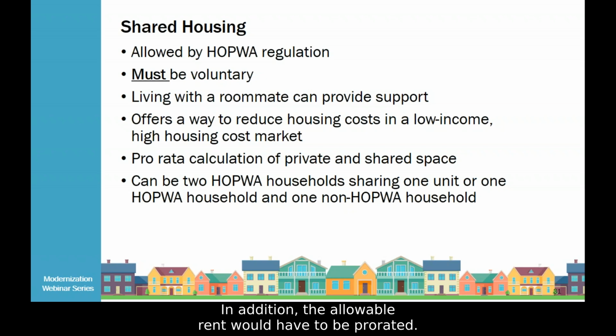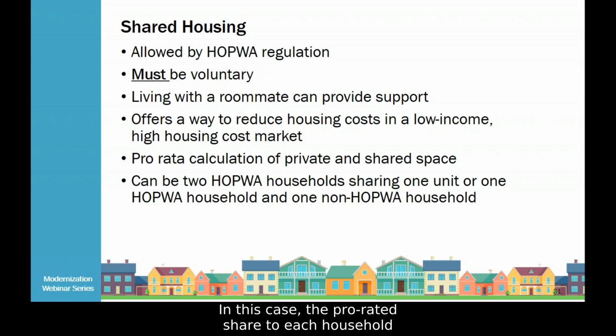In addition, the allowable rent would have to be prorated. So, for example, when two individuals are sharing a 2-bedroom, they would split the 2-bedroom FMR, that's fair market rent, and not use a 1-bedroom FMR for each individual. Say the 2-bedroom fair market rent in that community is $1,000 and a 1-bedroom FMR is $750.